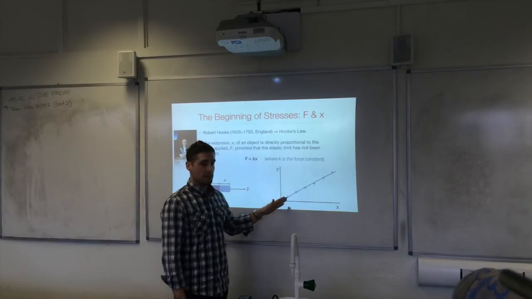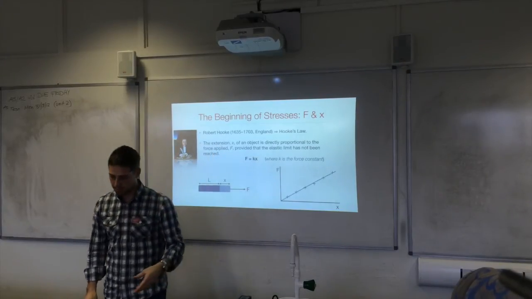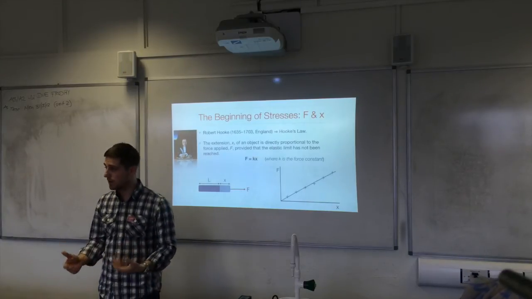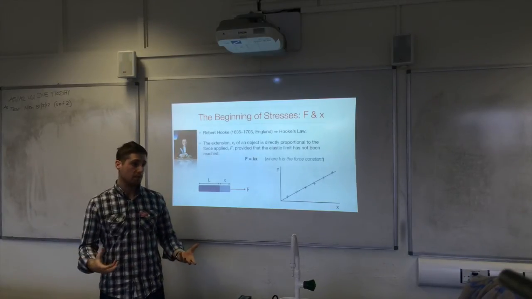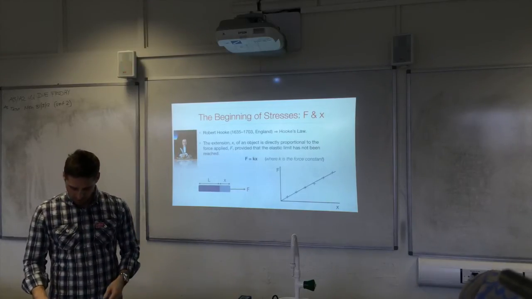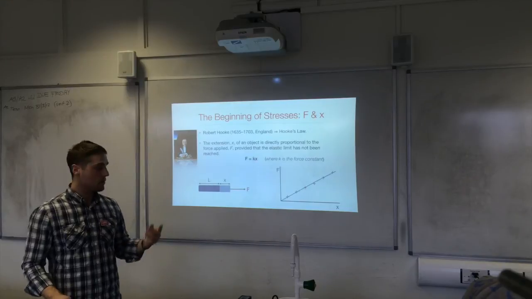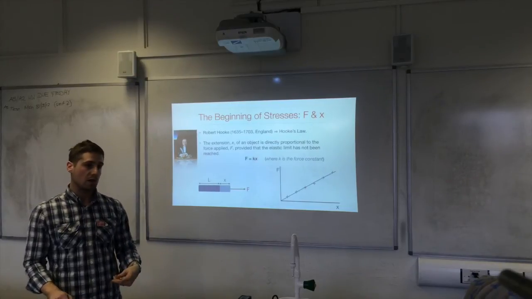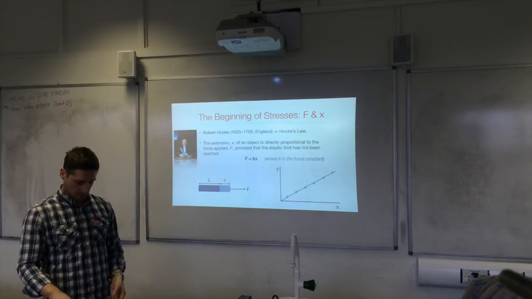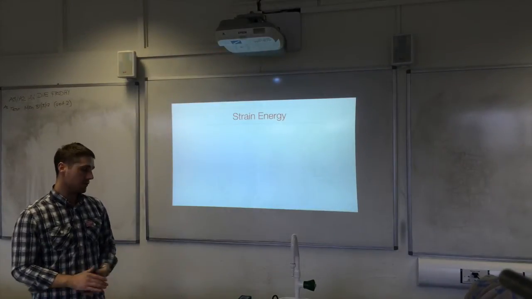Therefore, if you have a steeper line, you have a stiffer material. Technically, it's not actually the material that we're talking about the stiffness of here. It's an object, like a spring. So this wouldn't transfer. You couldn't use this to compare one material with another. You can compare a steel spring with a copper spring, because different materials, different sizes, different shapes.